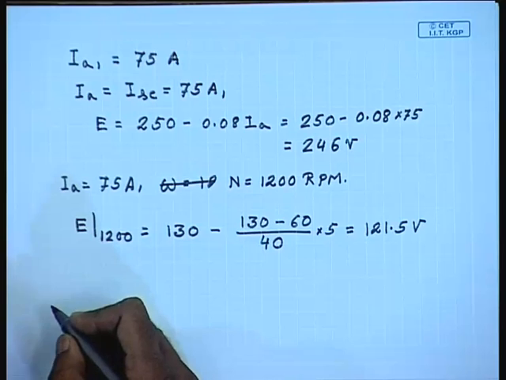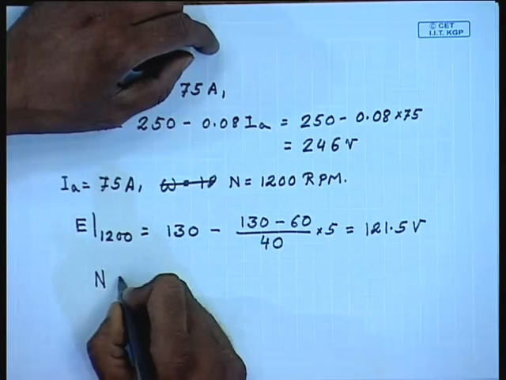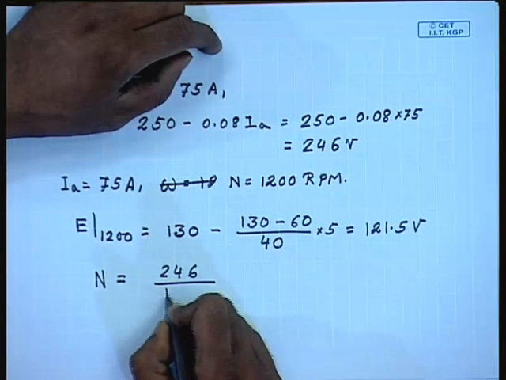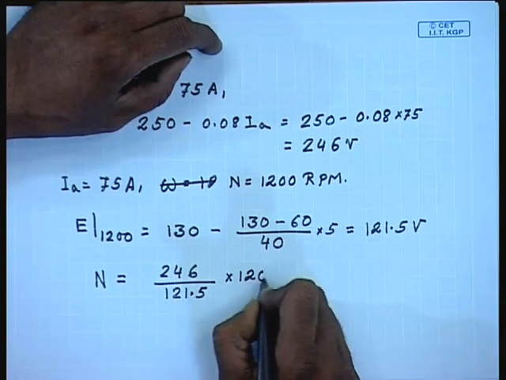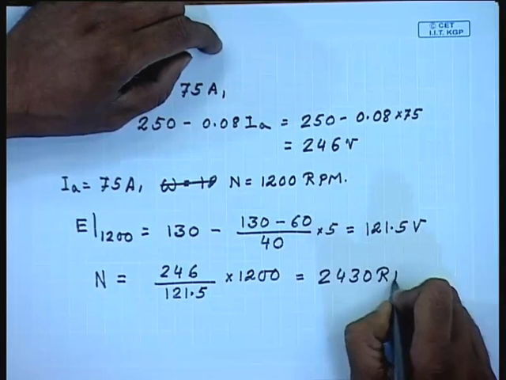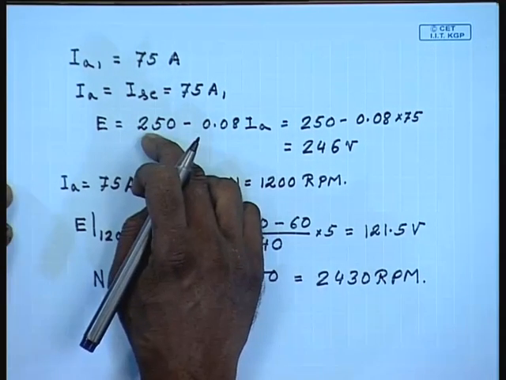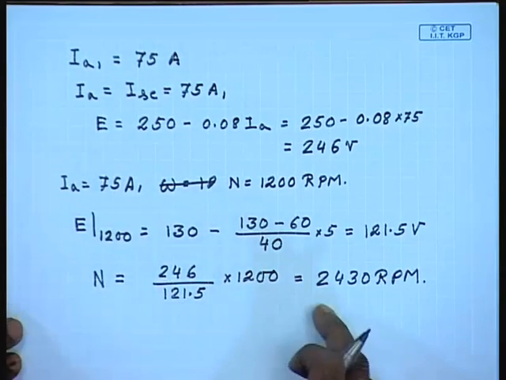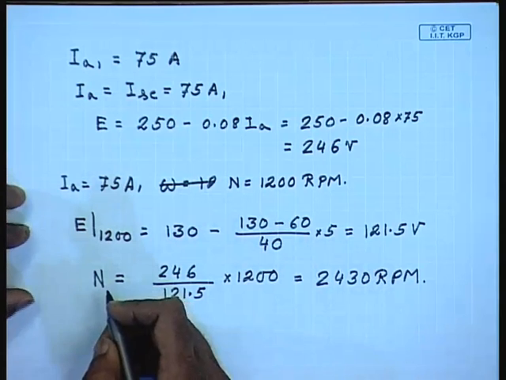So, in order to have a speed of 246, the N must be 246 by 121.5 into 1200. So, this comes to 2430 RPM. So, when connected to a 250 volt source and drawing a current of 75 ampere, the machine will run at 2430 RPM.